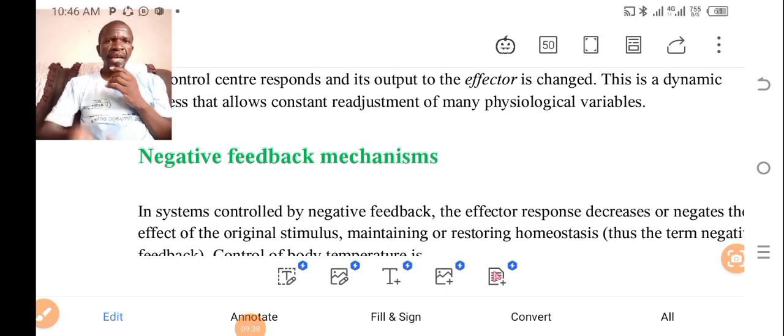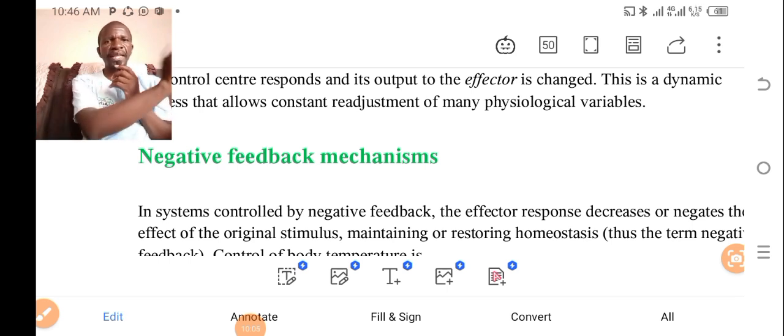And generally, homeostasis happens through two mechanisms. We've got a mechanism called the negative feedback mechanism, and another one called the positive feedback mechanism. Because like I indicated earlier on, an abnormality in the internal environment is detected through the sensor nerve endings.